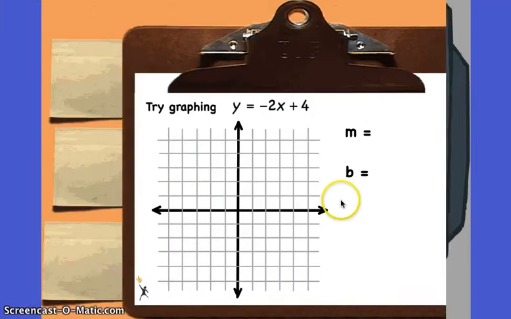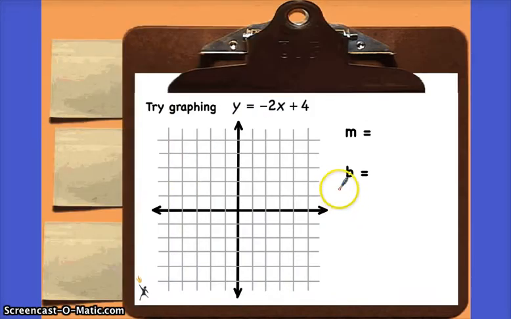Go ahead and try that same approach using a slope this time of -2 and a y-intercept of 4. Take a second to make a graph that fits it. Alright, if we're going to start at 4, we're just going to travel up to 4.